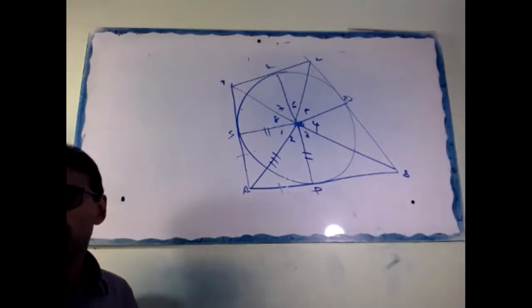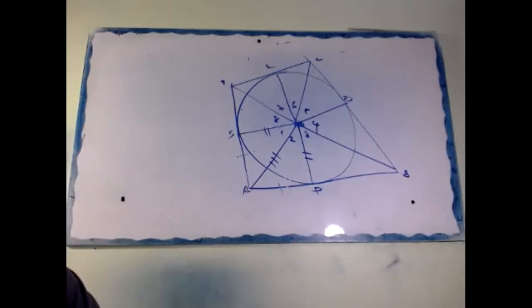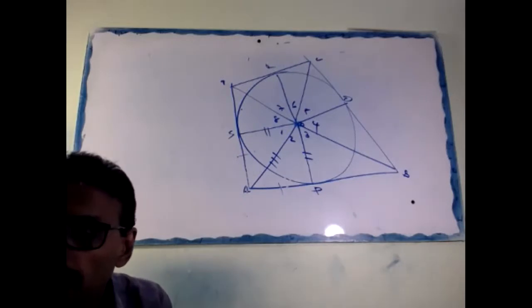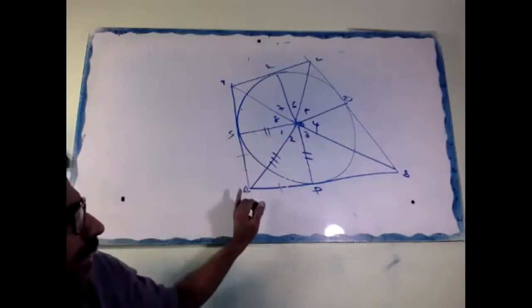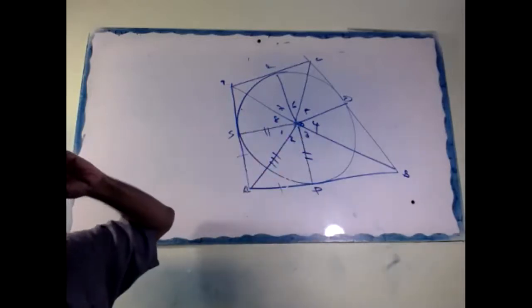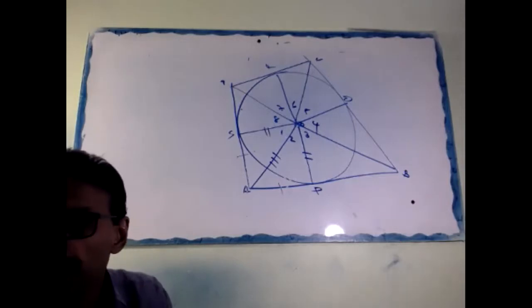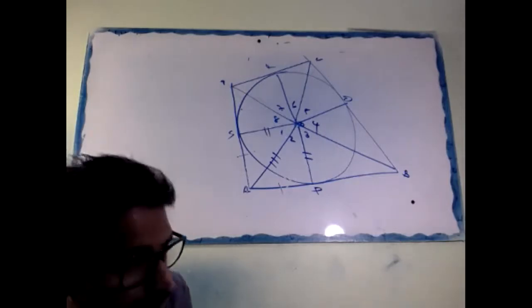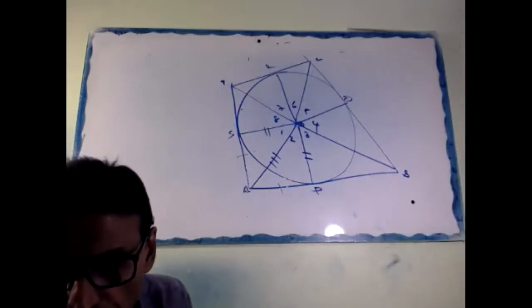Listen here. In triangle ASO, look at the figure. In triangles ASO and APO, AS equal to AP, tangents from an external point are equal. OS equal to OP, radius.